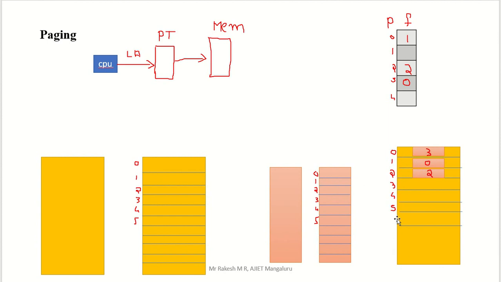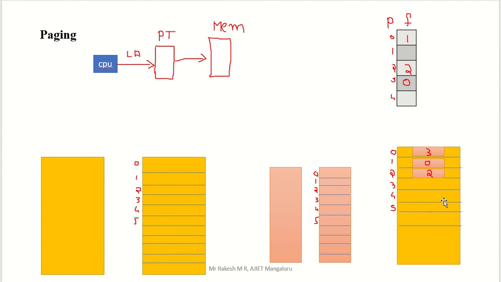For memory we have blocks called frames. For a process we have blocks called pages. And the second page, I am going to load inside the second frame. Page-wise we can load inside memory, into frames. This concept is called paging.